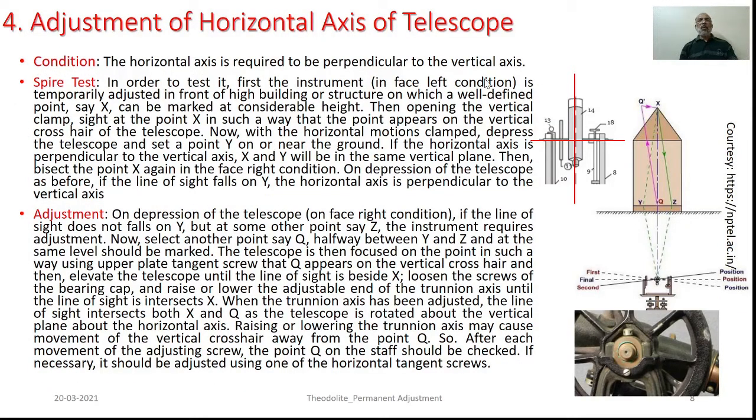This is the fourth adjustment. According to this, the horizontal axis is required to be perpendicular to the vertical axis of the equipment. Let's assume that equipment is set at some station situated at about, say, 50 to 60 meters from a vertical wall.